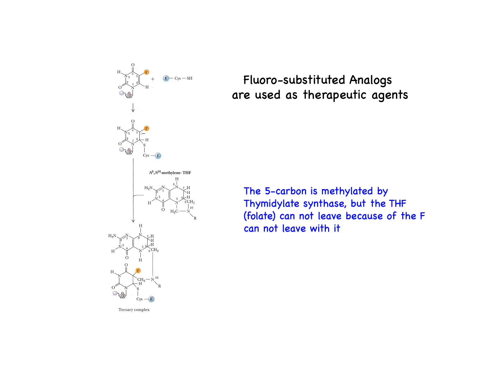So what happens is if you treat cells with 5-fluorouracil, the enzyme thymidylate synthase will try to transfer the methyl group from the folic acid to the pyrimidine ring.